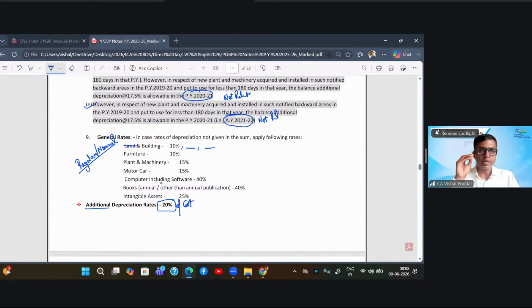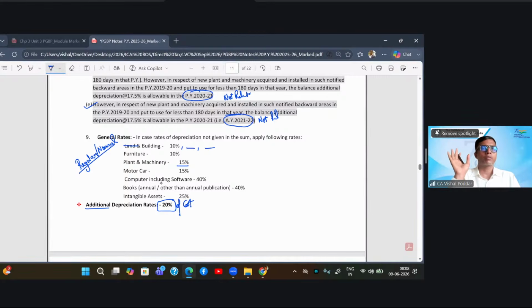But if they have only said plant and machinery and no rate is given, then you should know that generally majority of plant and machinery come under 15. So these are the rates which you should learn. These will be required when the question is not specifying the rates. If the question is specifying the rates, then you will apply those rates.